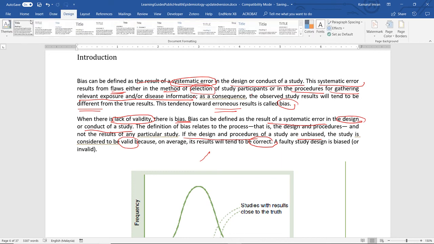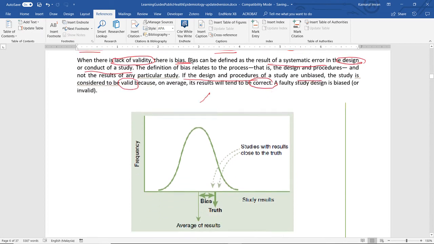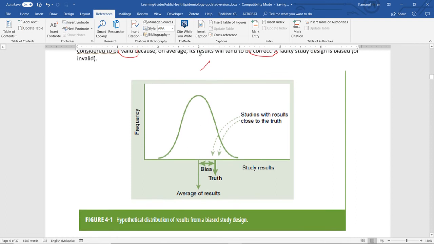If you look at this plot, you will see that this is the truth. This should be the truth, which actually we don't know. We don't know the truth. And you do the study, and there are deviations of your results from the truth.